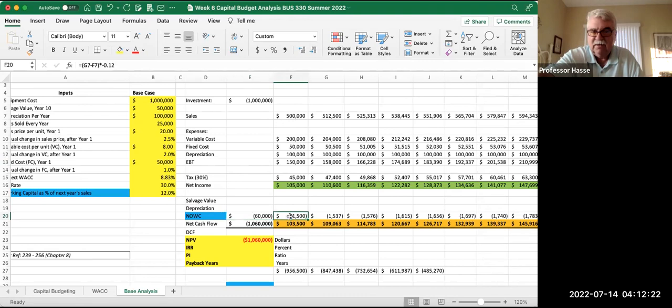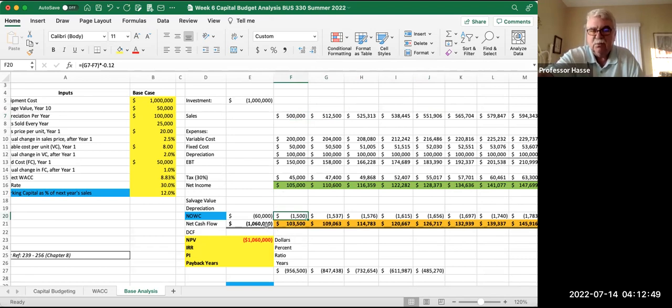Then notice in every year, as our revenues increase, we have to increase our working capital to maintain the 12% of the next year's sales. So again, if we take 12% of the difference between 512,005 year 2 and year 1, that's 12,005, take 12% of that, and there's the formula there, it's $1,500.